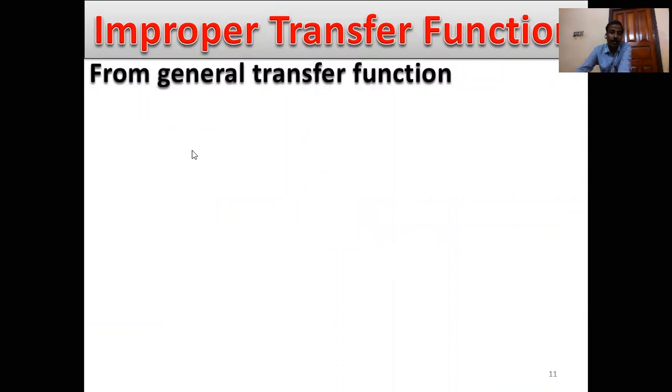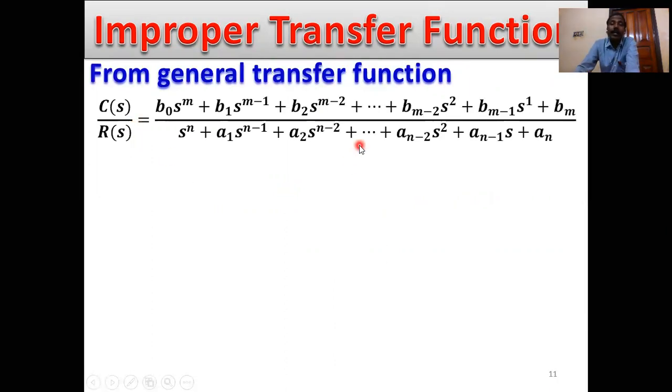Then, what is an improper transfer function? From the general transfer function equation, C of S by R of S is called the transfer function, where the numerator N of S gives the zeros of the system, and the denominator gives the poles of the system. The numerator power equals M and the denominator power equals N. So the transfer function is B0 s to the power M plus B1 s to the power M minus 1 plus B2 s to the power M minus 2 plus ... plus Bm, over s to the power N plus A1 s to the power N minus 1 plus A2 s to the power N minus 2 plus ... plus An minus 2 s square plus An minus 1 s plus An.